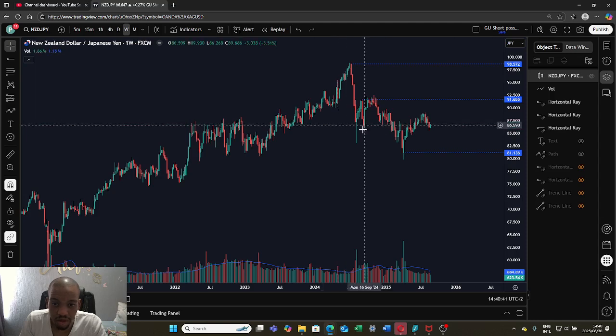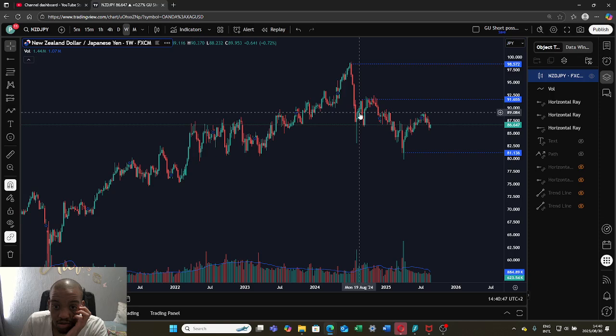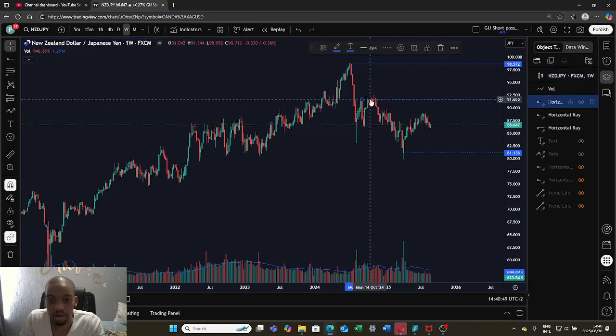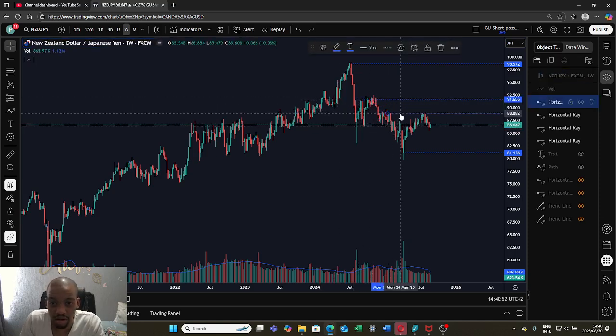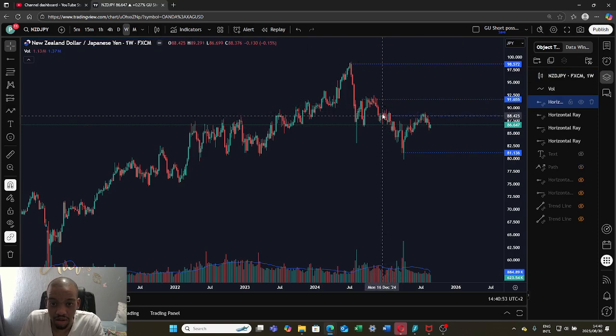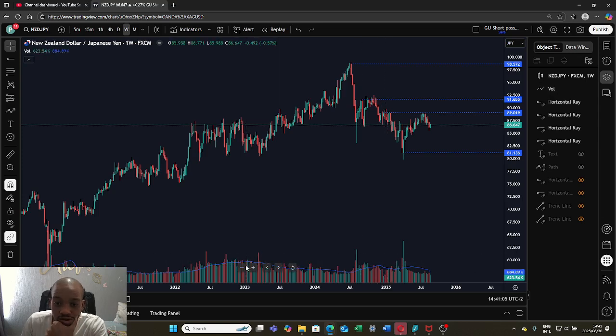Nope, this swing is out. This swing is out. This one's bad. Doesn't look too bad.